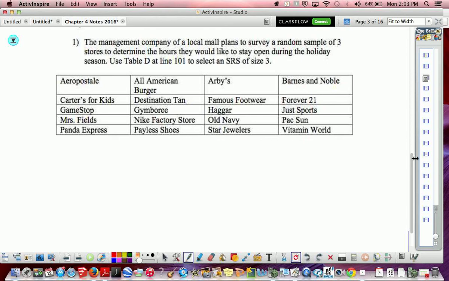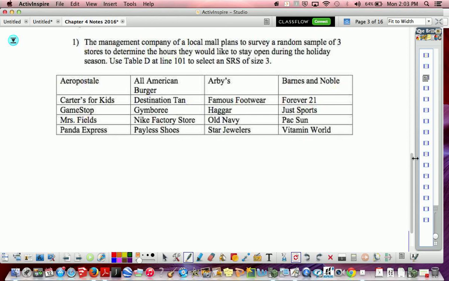Use table D at line 101 to select a simple random sample of size 3. So this one specifically is telling you to use the random number table. It's telling you exactly where to start and how many to actually select. Now you have to tell me how you label them and how you are going to actually select them. And then you do it.